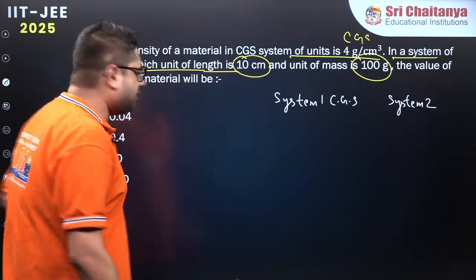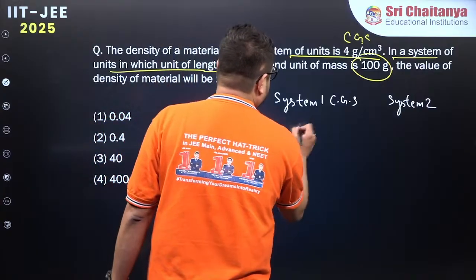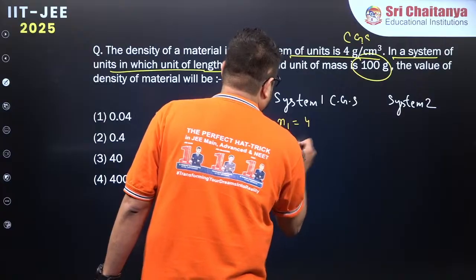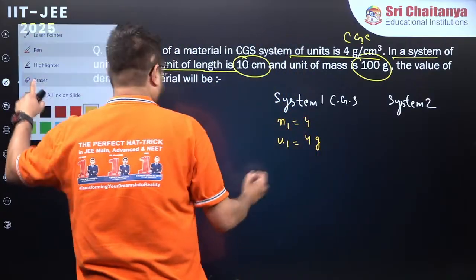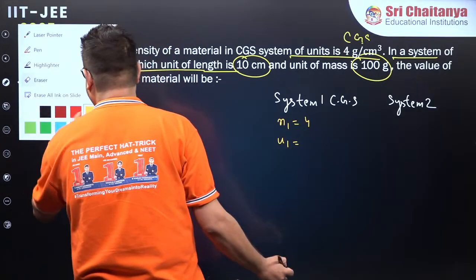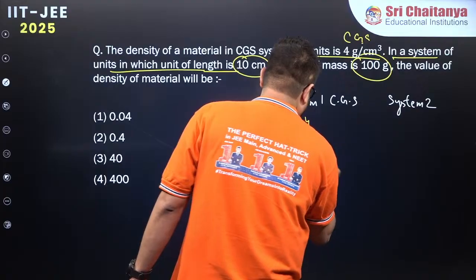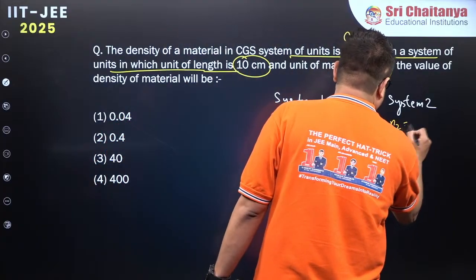What is the value of N1? N1 is equal to 4 and U1 in this question is 4 gram per centimeter cube. So you can write it down over here as gram per centimeter cube. You need to find the value of N2. N2 needs to be found.